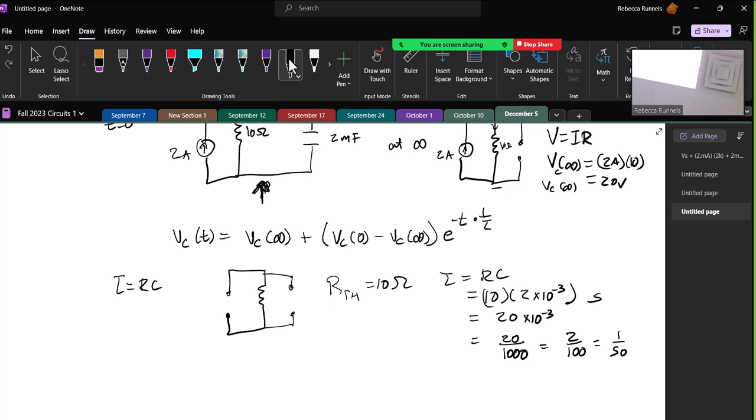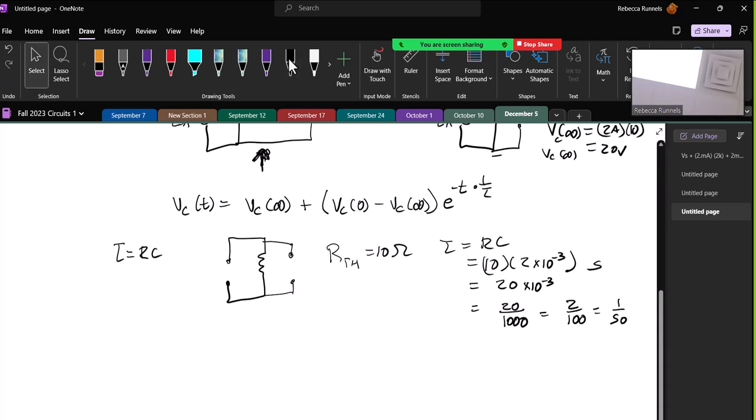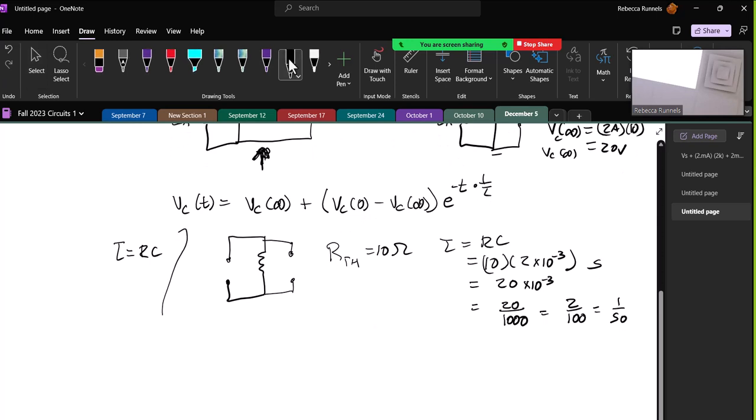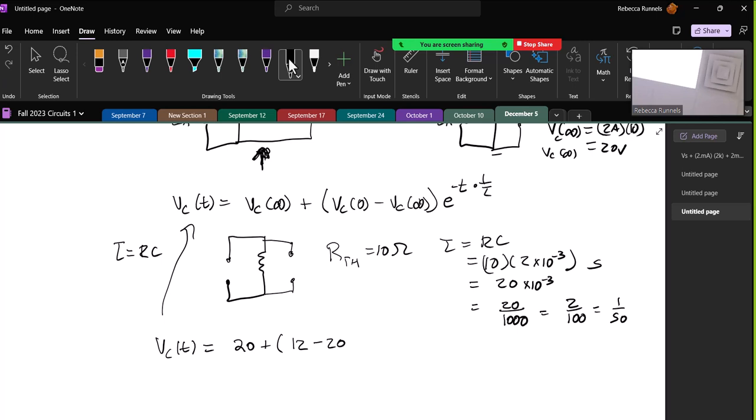Okay, is that right? Yeah, that's right. Then I will plug in to this equation. VC of t equals VC at infinity, which was 20, plus VC at 0, which is 12, minus VC at infinity, which is 20, times e to the minus 1 over tau.